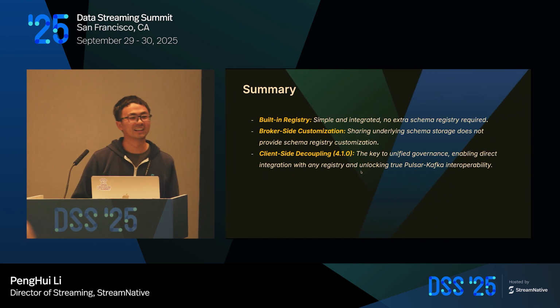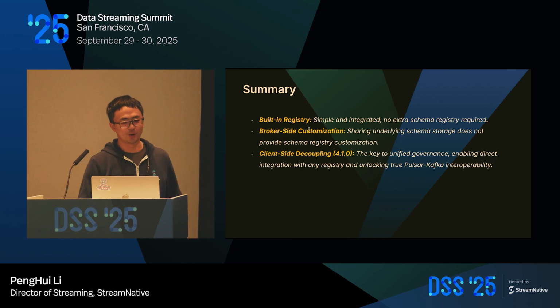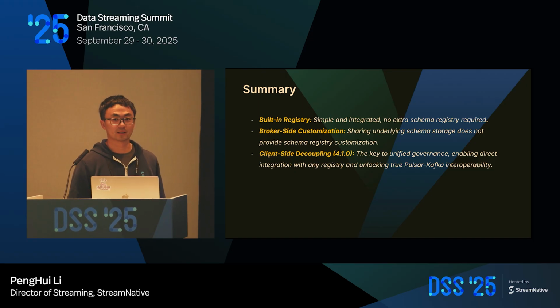So, for a summary, it doesn't mean you should always use a decoupled schema registry or the built-in schema registry. It depends on your use case. If you are a startup with a pretty new product, you don't want to manage so many external services.